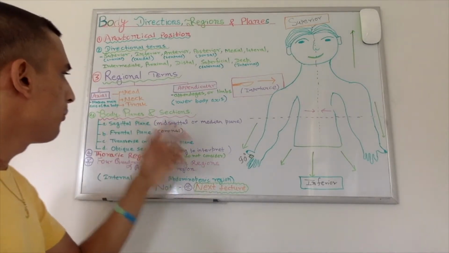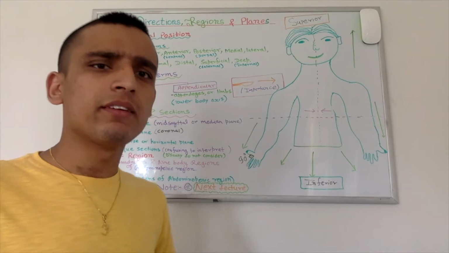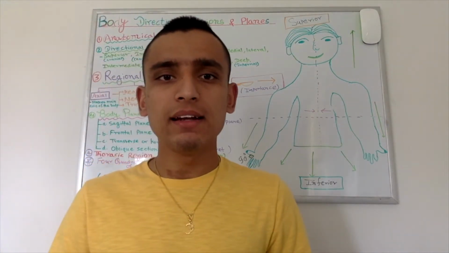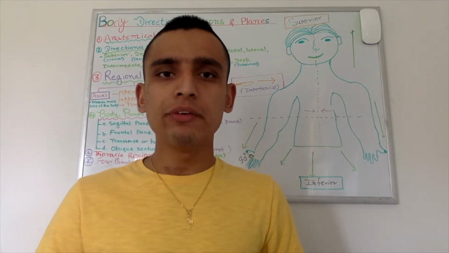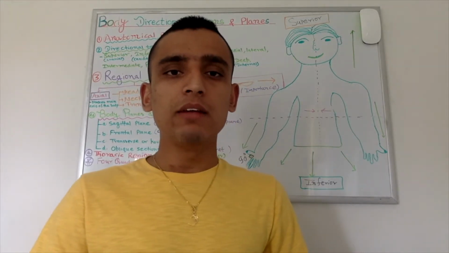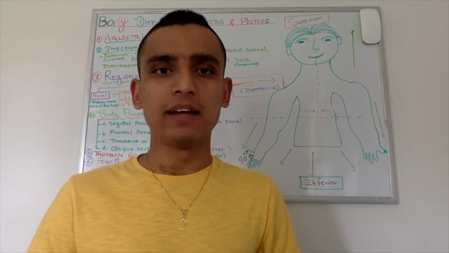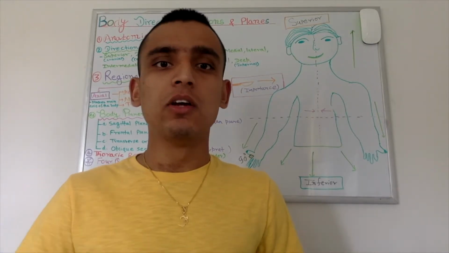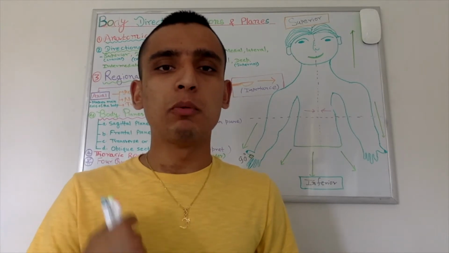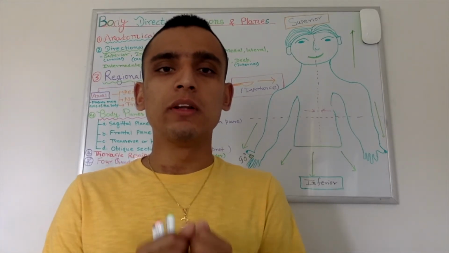Now, let's talk about body planes and sections. What do we mean by planes and sections? These are imaginary lines that you can create to study the internal organs. For example, if someone says something is medial, that means you're looking at the middle side, not the lateral side. To assess an organ, its position and its relation to other organs, you need to know the planes.